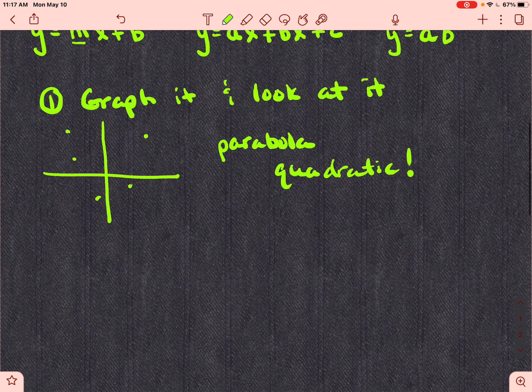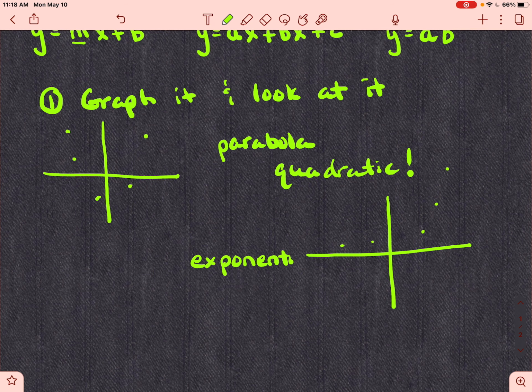Or maybe you put in your x's and your y's and you hit graph, and it doesn't have to be perfect, but you might imagine in this one that you trace that and you say, wow, that's definitely going to look exponential. So the first thing we could do is just to graph it and look at it.